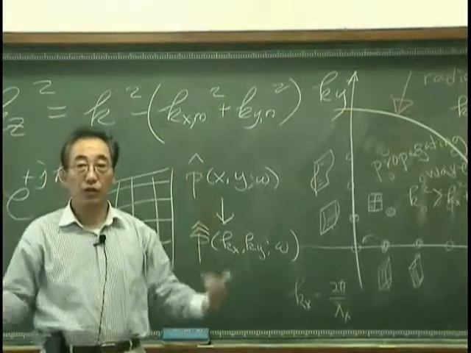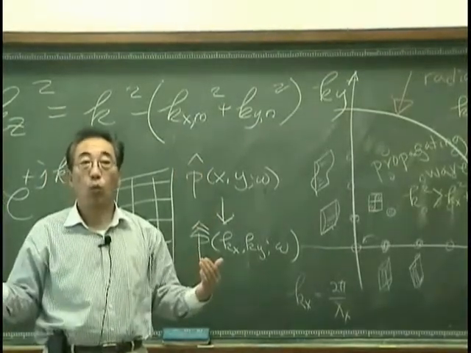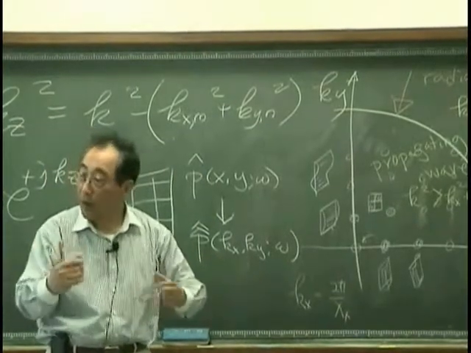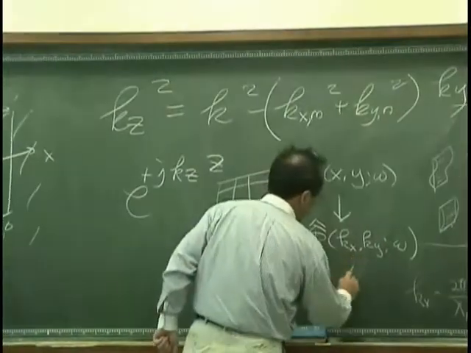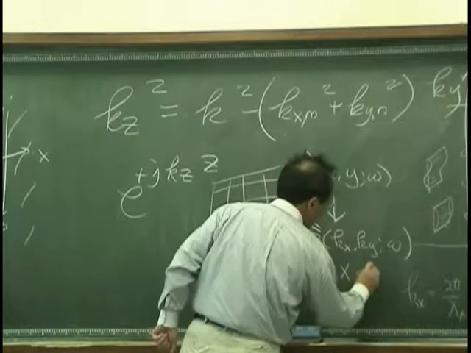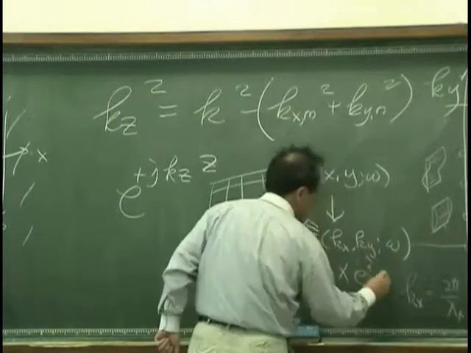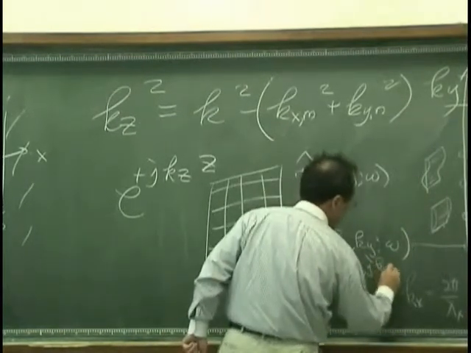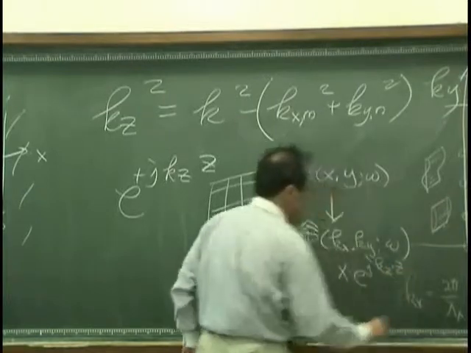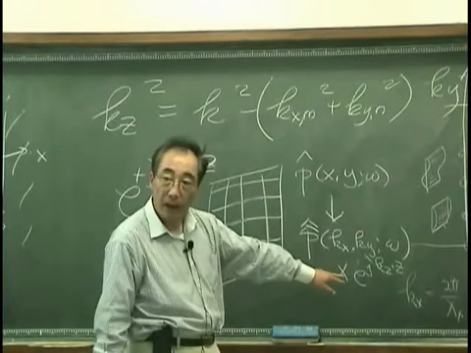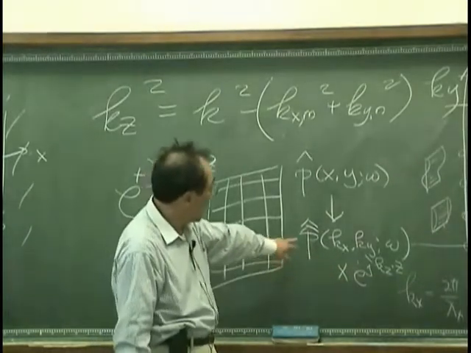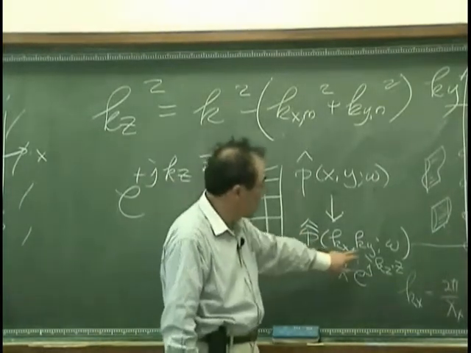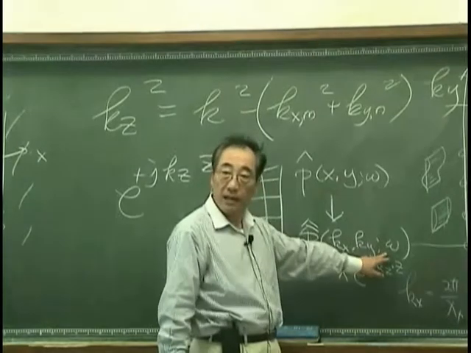Suppose you are measuring pxy and transforming, and then you multiply that with the propagator, right? Then what you will obtain? You obtain P double hat Kx, Ky, Kz.